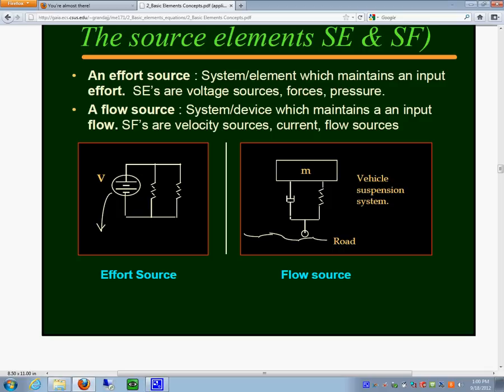The tire has to conform to the surface, and in doing so, the position of the tire depends on the velocity.